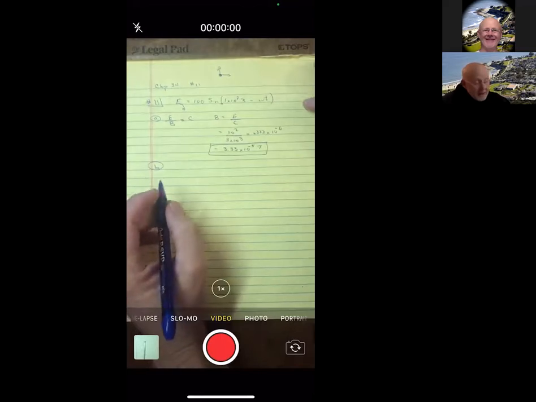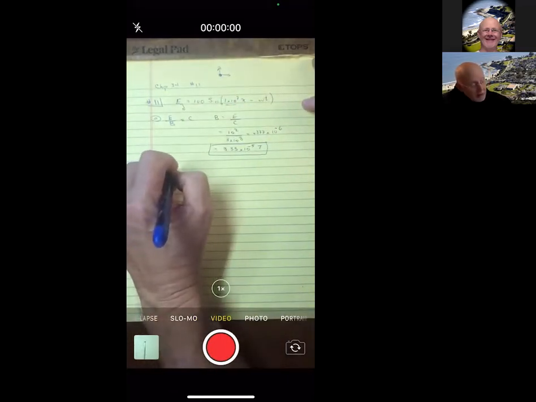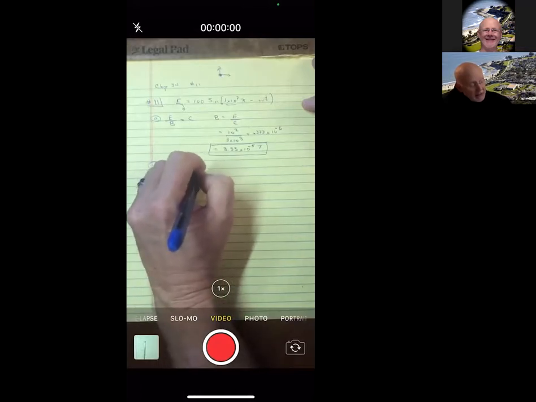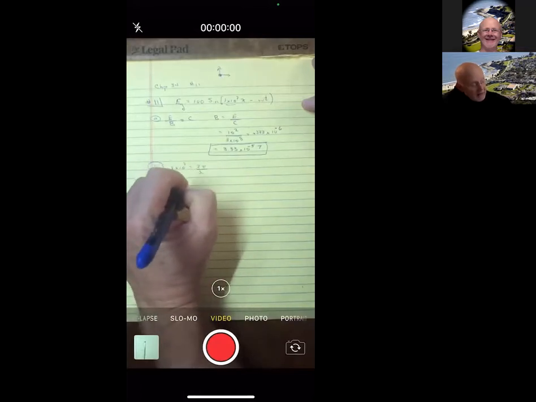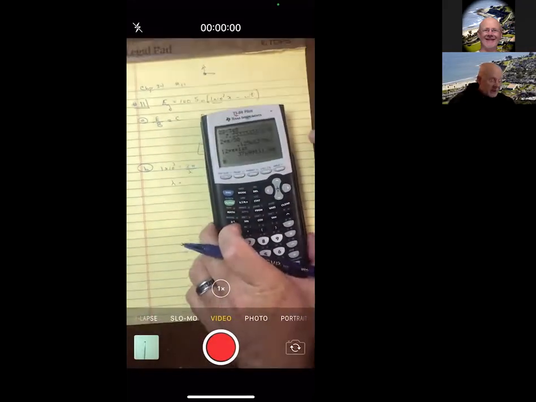B, the wavelength. Well, this number out in front, which is 1 times 10 to the 7th, is 2 pi over its wavelength. So that's what we call its angular wave number.